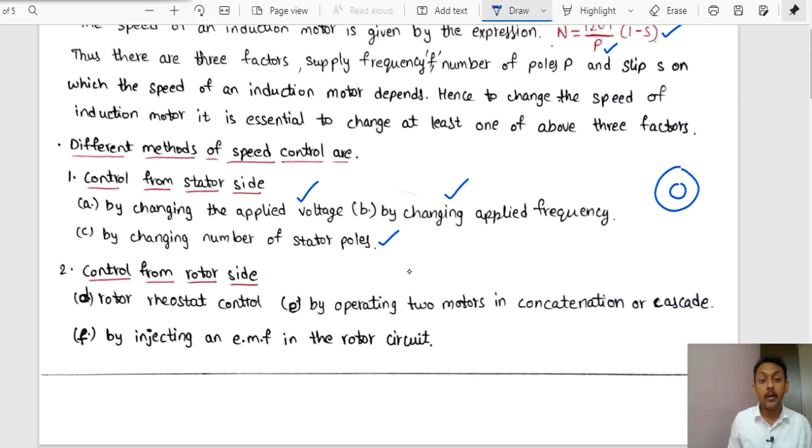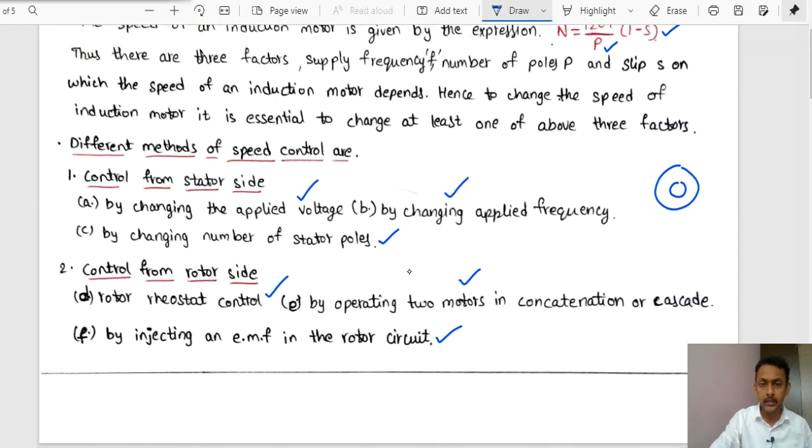If the control is to be done from the rotor side, we can achieve that using the rheostat control method, or by operating two motors in cascaded manner, that is in series, or by injecting some EMF in the rotor circuit. So these six methods we are having, either control from the stator side or control from the rotor side. Now let me see step by step the different ways to control the speed of the induction motor.